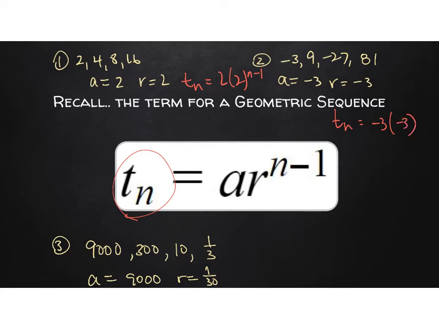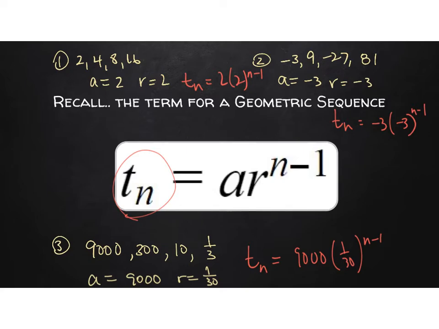Interesting how we have A and R the same in both of those, to the n minus 1. And then finally, this general term would be Tn equals, take the A value of 9,000, and then R is 1 over 30, and that's to the n minus 1. That is the general term for each one of those sequences.